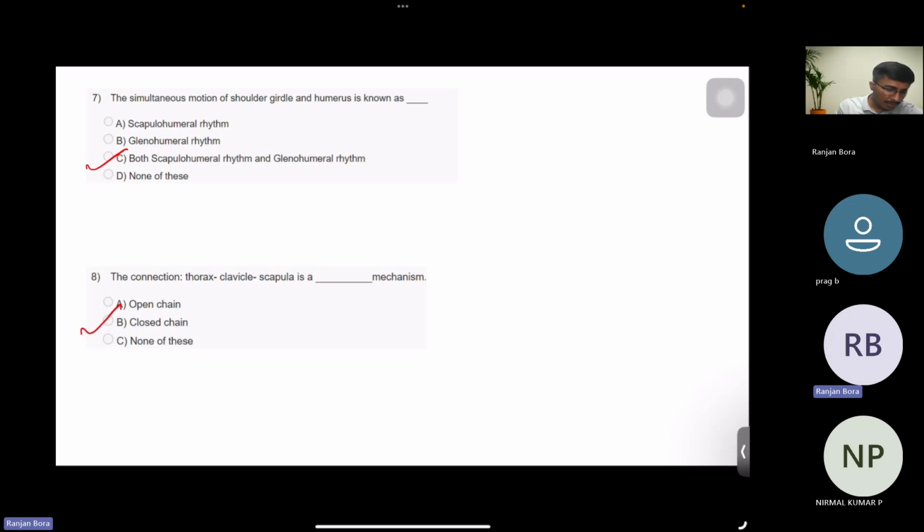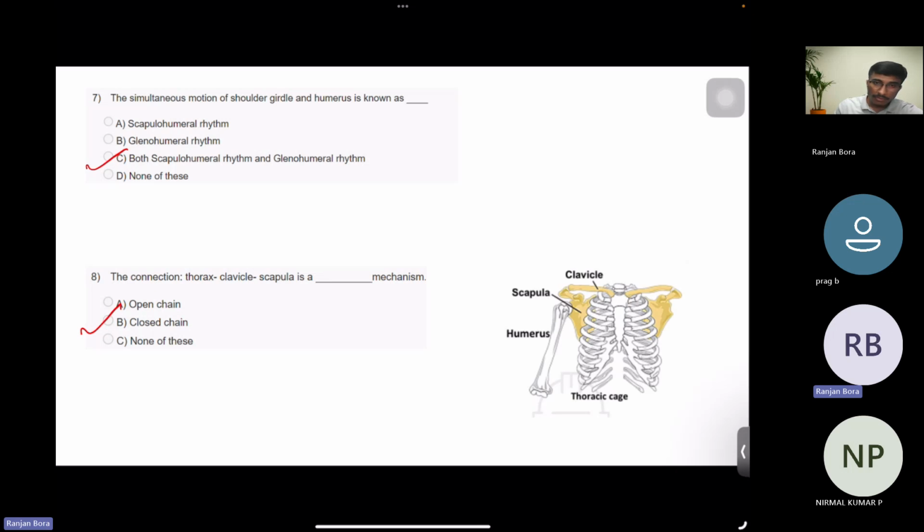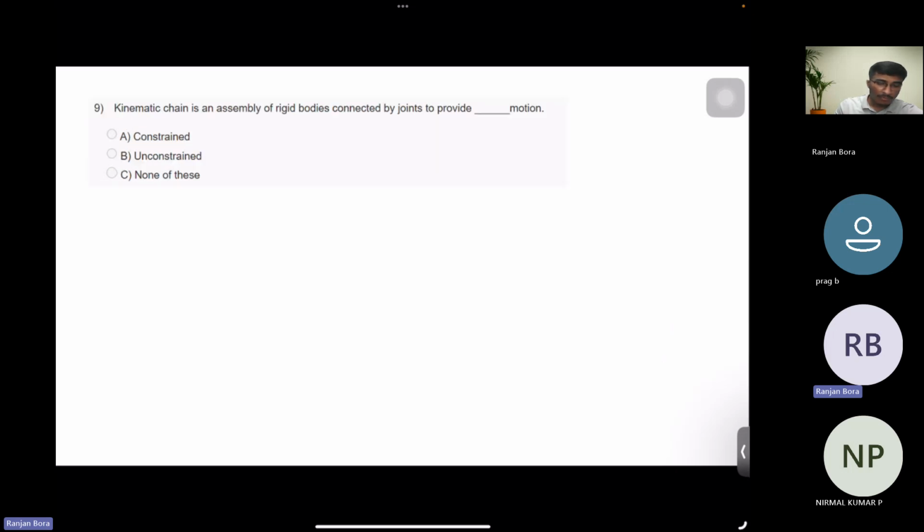Yeah, closed chain. You can see the scapula is connected to both the clavicle and thorax, so it is a closed chain mechanism. And the next question is, a kinematic chain is an assembly of rigid bodies connected by joints to provide, yeah, constrained motion.